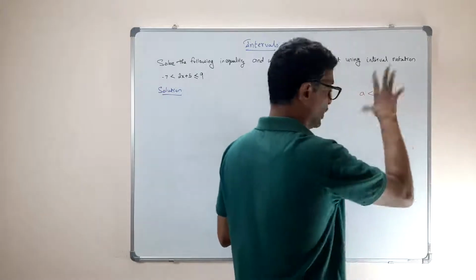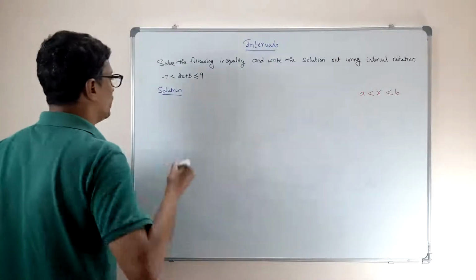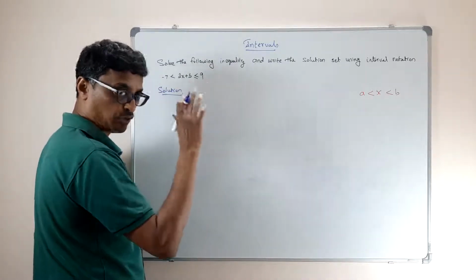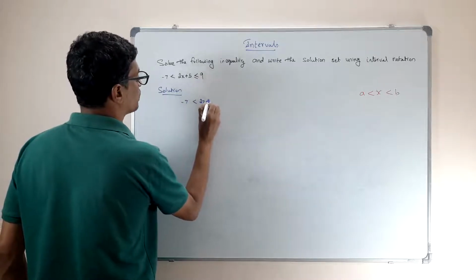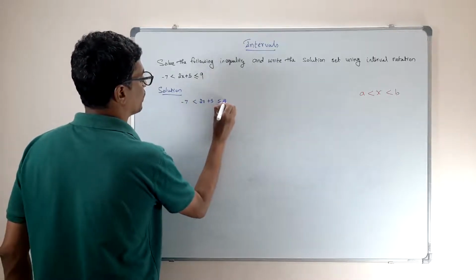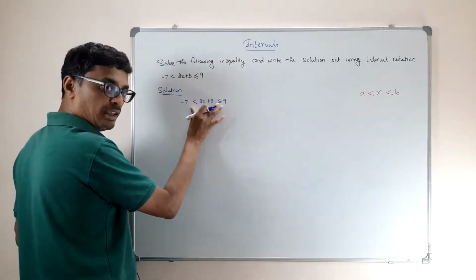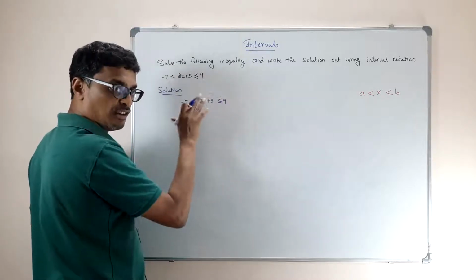Here it is simple. We remember the rules for the inequalities, correct? Minus 7 is less than 2x plus 5, less than or equal to 9. When they already give these two inequalities, this is easier, because with a little bit of jugglery we will get it easily.